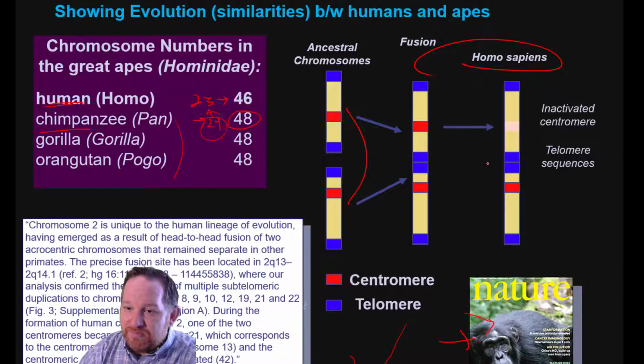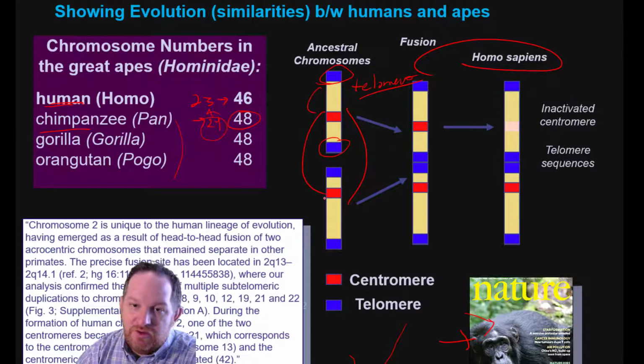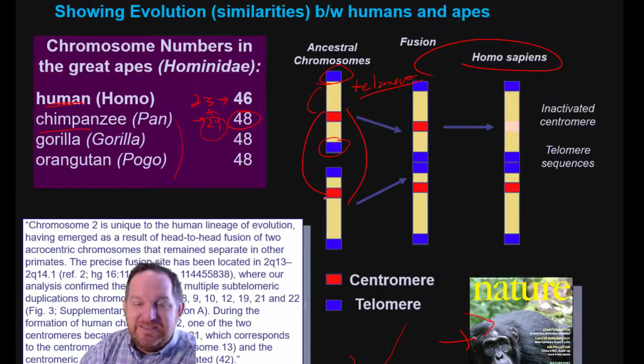If you remember back, what is at the end of every chromosome? Well, it happens to be something called telomeres, and we still see these today. They're these non-coding sequences. So if two chromosomes a long time ago fused together, what would we see today?